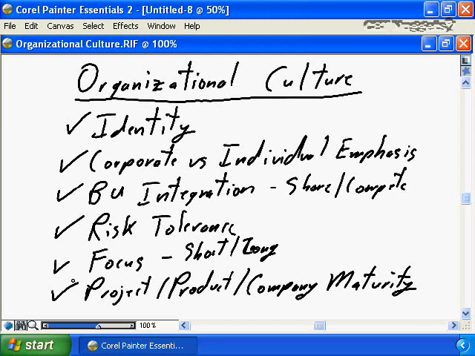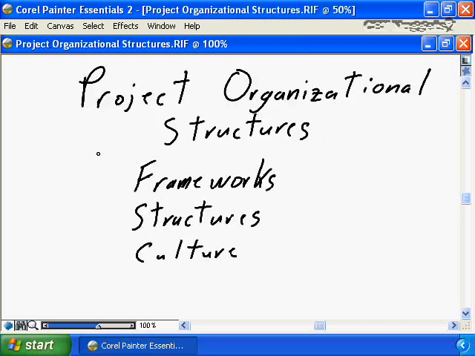And what's the overall company maturity? Is this a new breakthrough startup company, or is this a very established, very mature company? You need to be aware of the overall organizational culture, because how the organization operates is going to influence how your project must operate to be successful in the company.